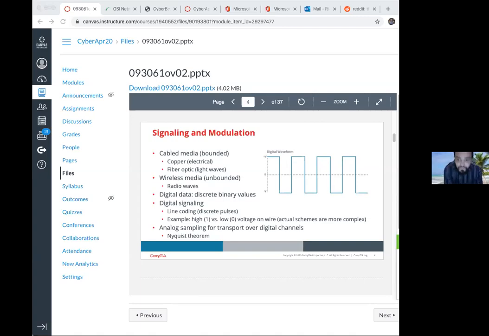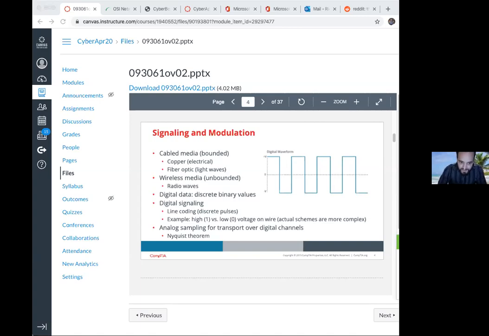Then we have the digital data. That's discrete binary values, so that means zeros and ones. That's how information is represented. Many of these transmission media and network products are going to support something called digital signaling. Digital signaling is going to use something called line coding, which is basically a series of pulses.